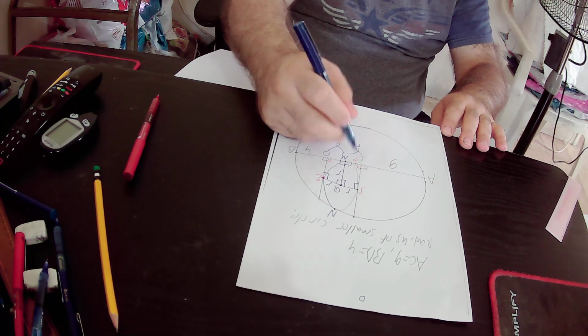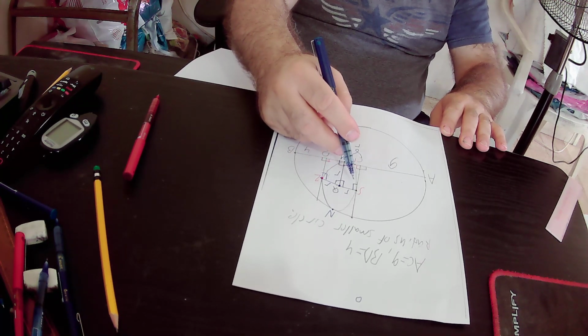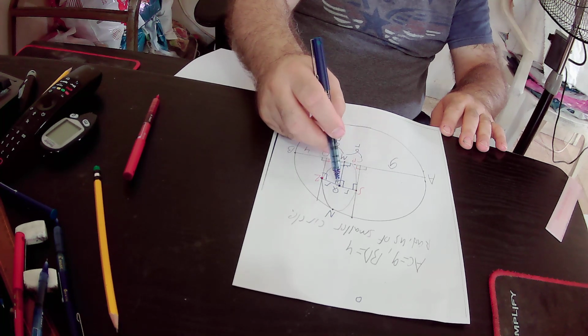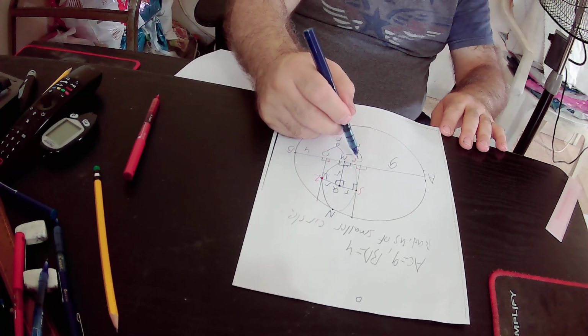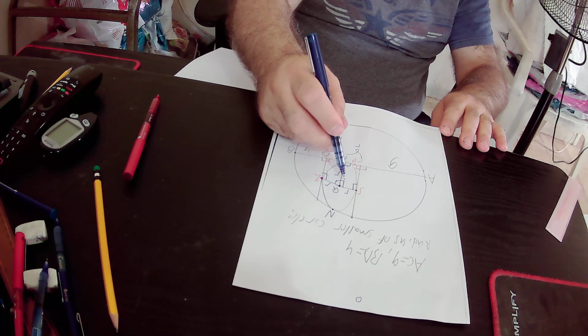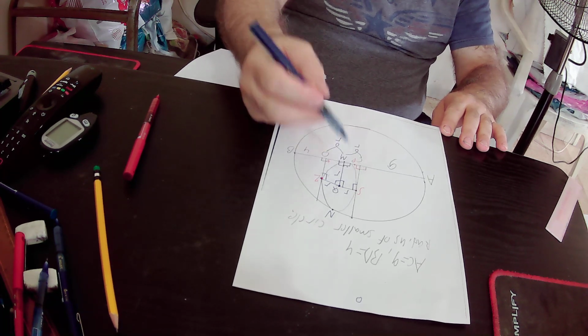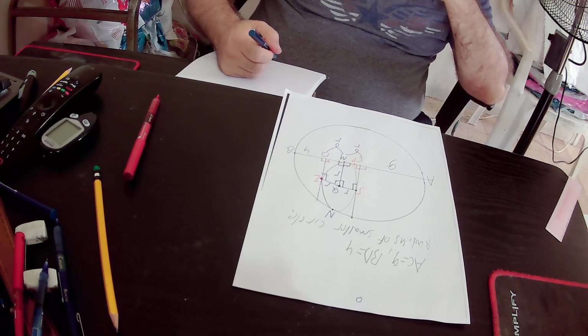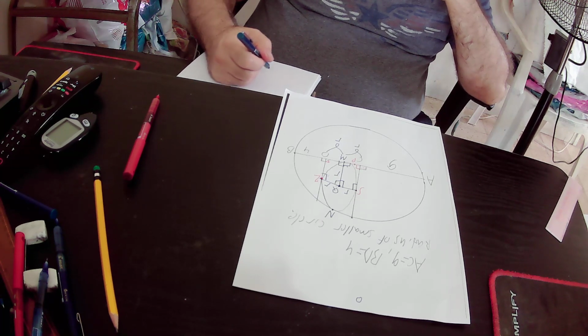So if SQ equals R, CM, which equals SQ, will also be equal to small r.